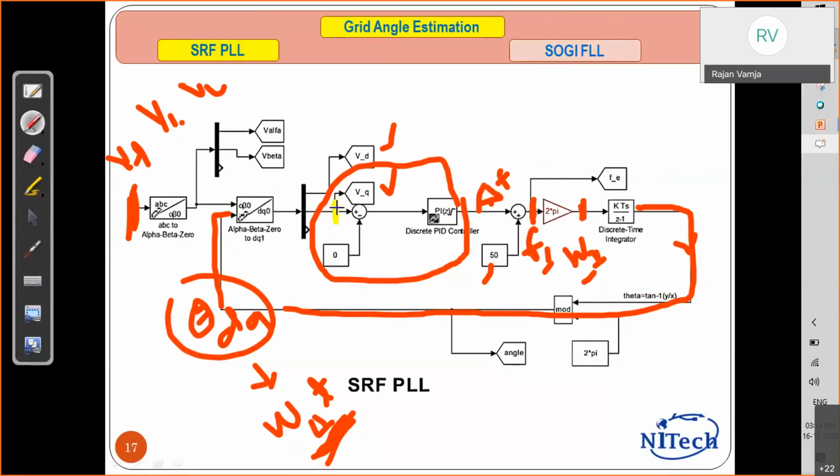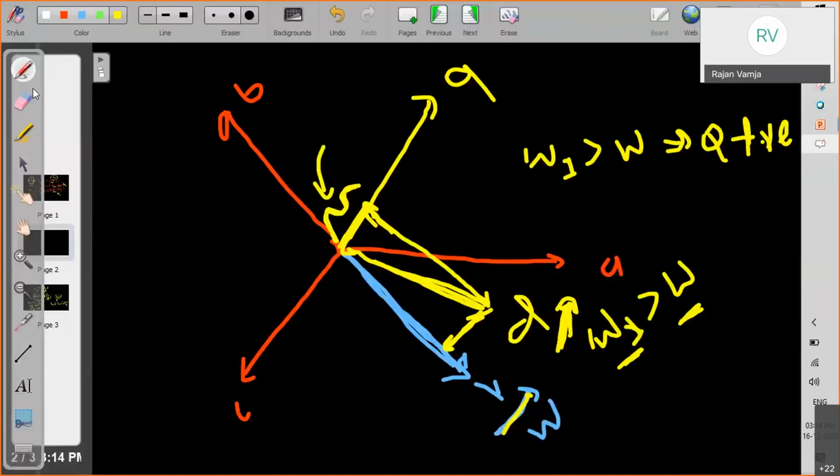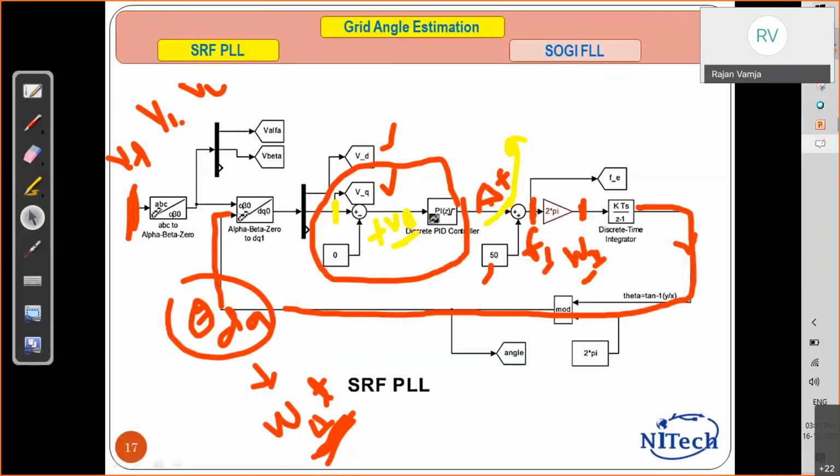So if Q is positive, this error will be positive. When error is positive, then this delta F will increase. Now it will increase the speed of the d axis. So it will try to reach the vector speed.